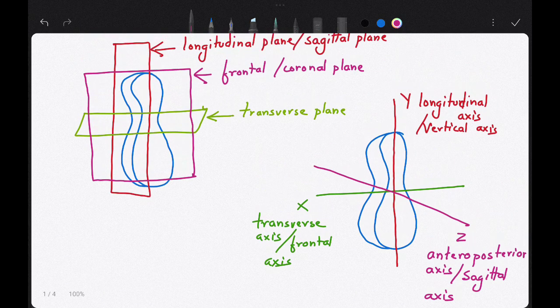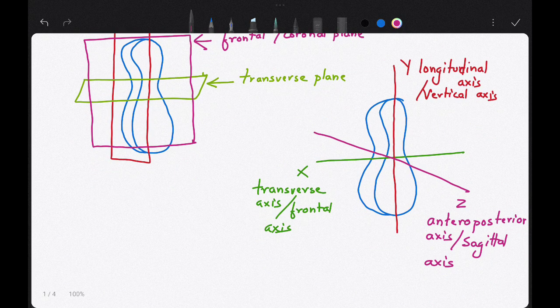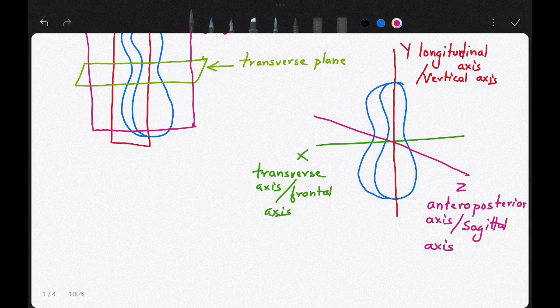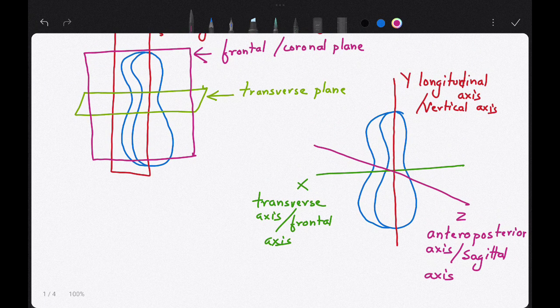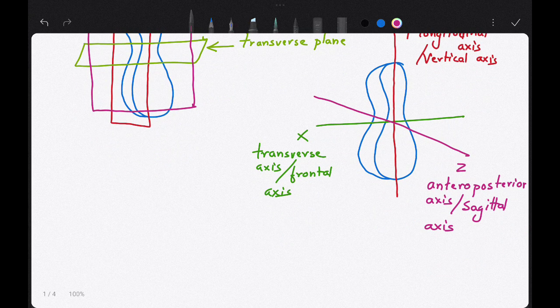See, sagittal axis is different from sagittal plane. Okay, don't confuse. Now you have understood different types of plane and different types of axis. Longitudinal axis means top to bottom, transverse axis means left to right, and anterior-posterior or sagittal axis means front to back. Okay, I hope this much is clear.